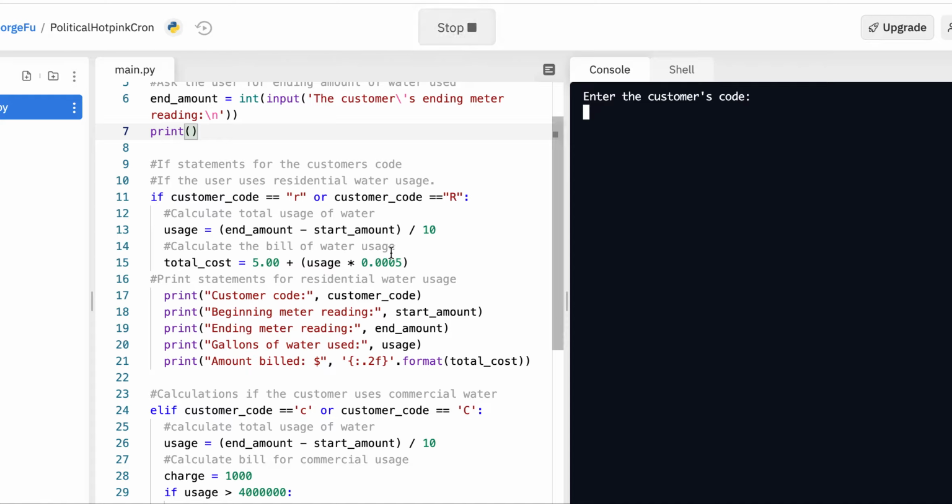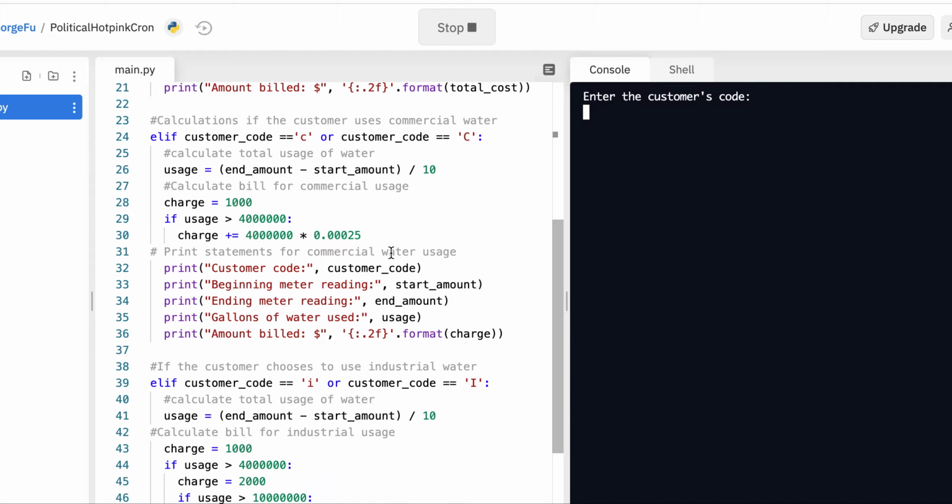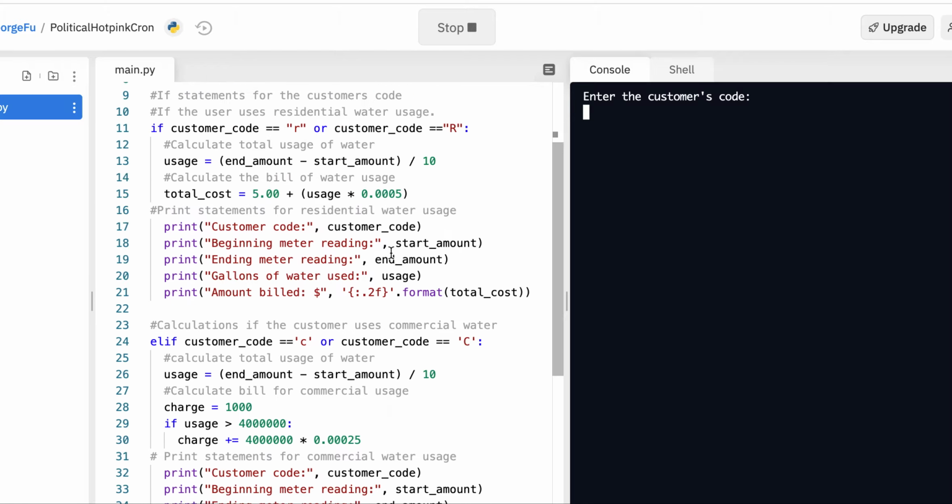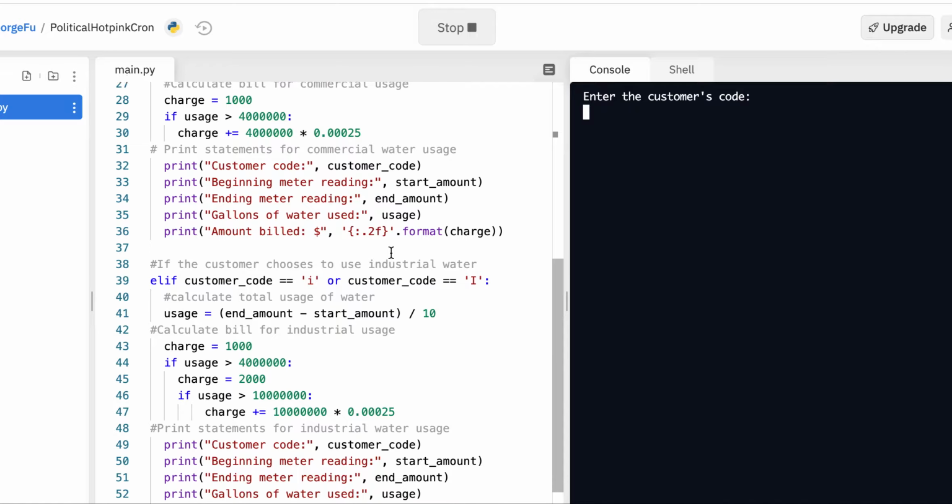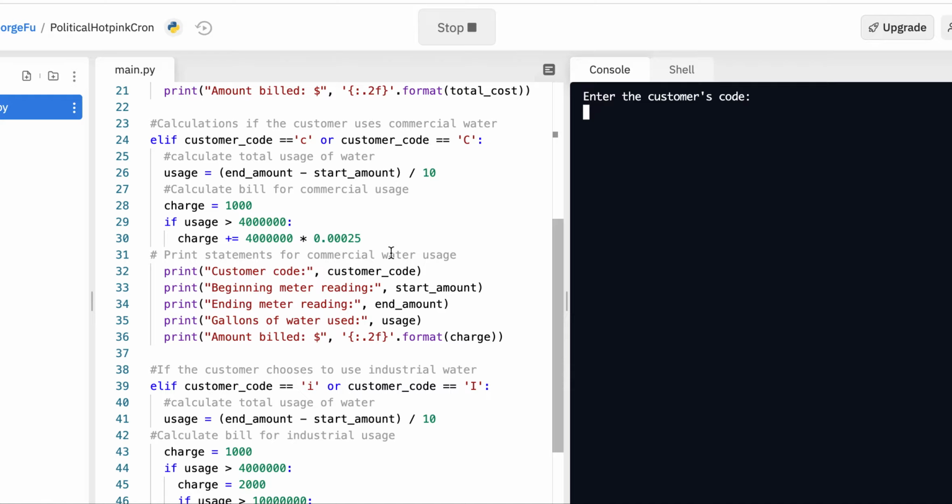So that means we can jump on to the next half of the code. Because this is an if statement, we have to continue with the elif. Now we're moving on to commercial water. Once again, instead of an if statement, we start with elif, and we equate the customer code to a C now. So capital C or lowercase c will stand for commercial water.